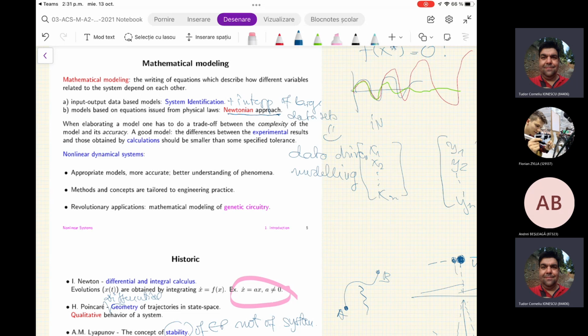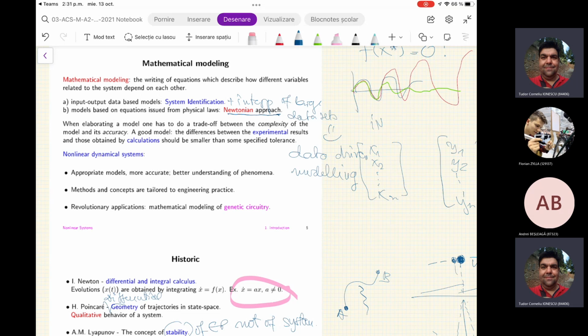There's also nowadays a lot of revolutionary applications, such as mathematical modeling of genetic circuitry. Okay, so a lot of this modeling and these tools have penetrated the field of biological systems, okay, in genetics, in enzyme processing, and so on and so forth.